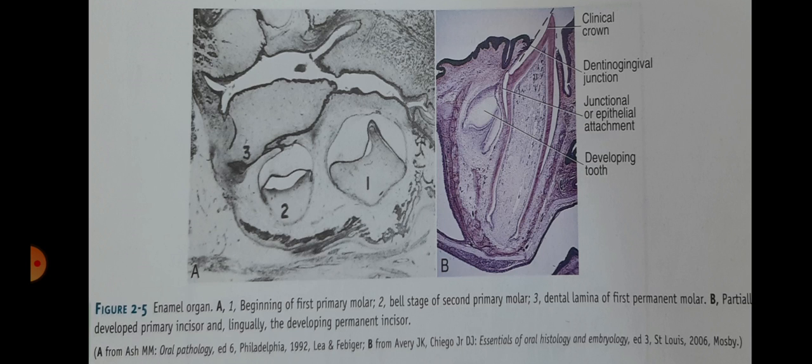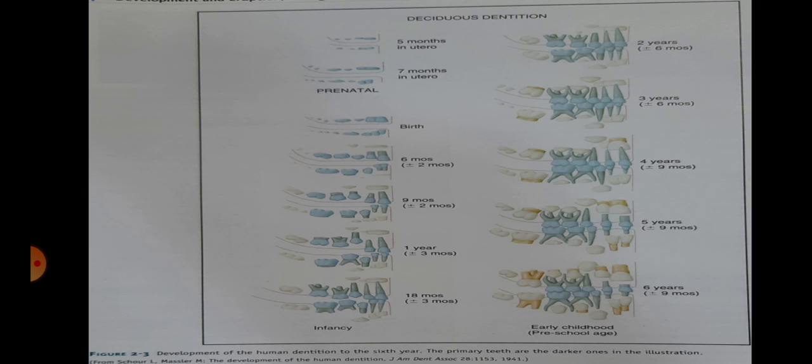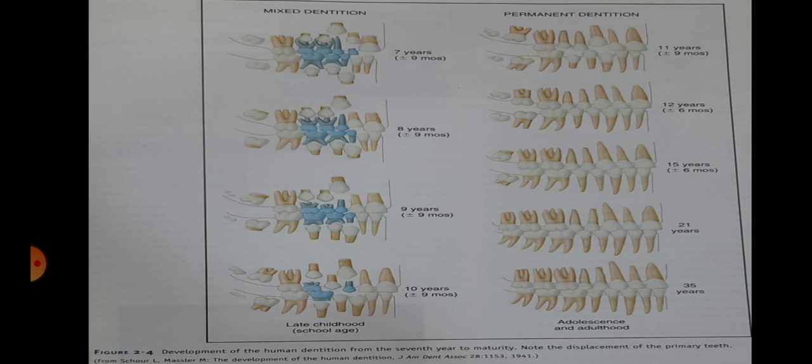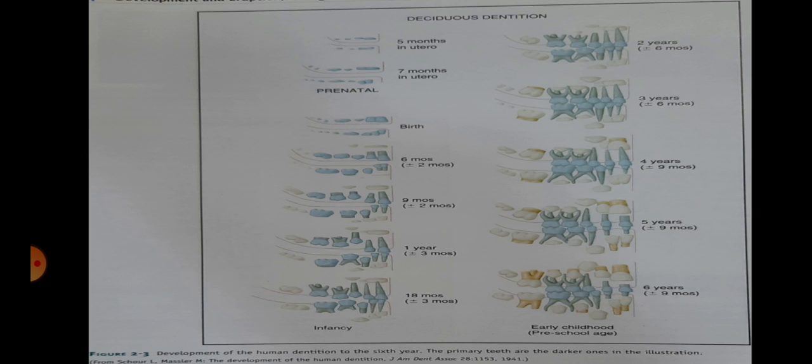Permanent dentition is completed by about age 25 if the third molars are included. We can see in figures 2.3 and 2.4 that calcification of the primary teeth begins in utero from the 13th to 16th weeks post fertilization.